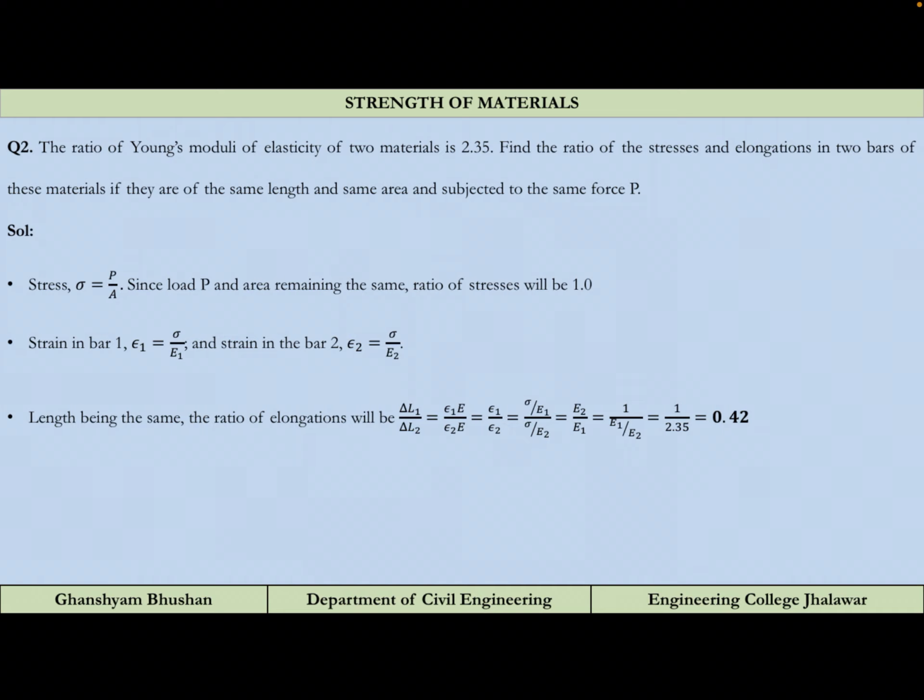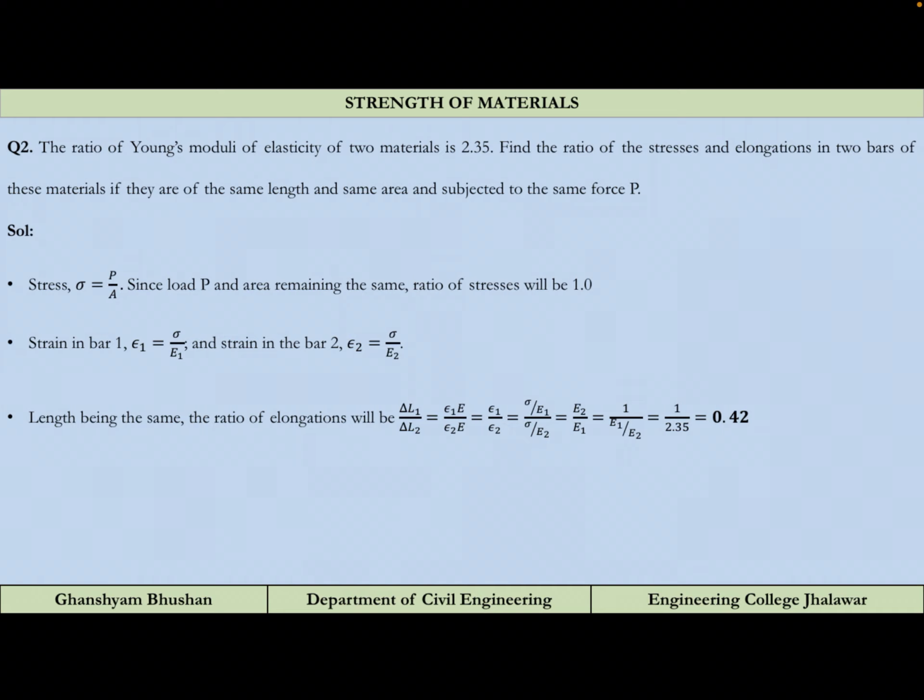So delta L1 by delta L2 is sigma over E1 upon sigma over E2. So the ratio of elongation, finally, if you put the values, will come out to be E2 by E1. E1 by E2 was 2.35, so finally you will get 0.42.